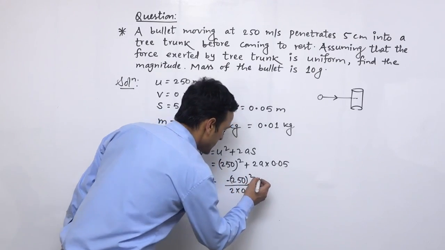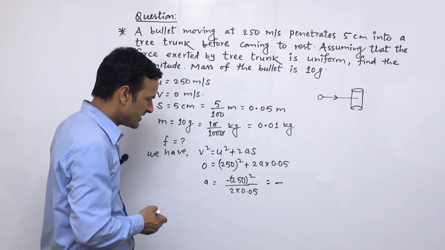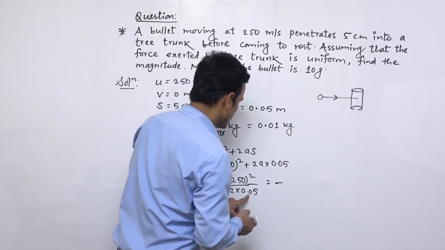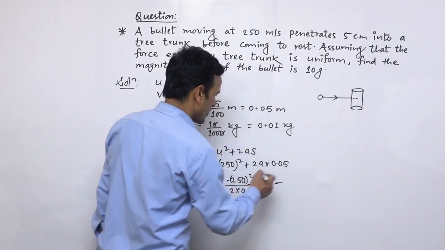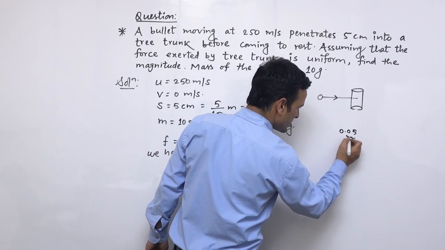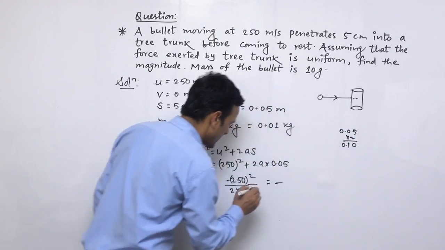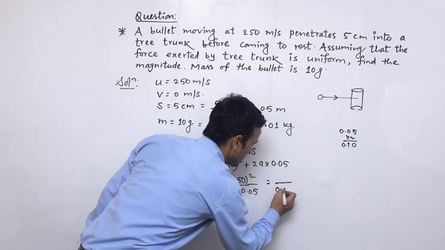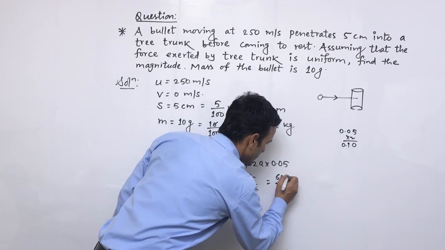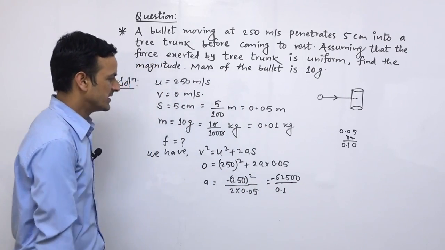So let's see what the value will be. This is minus, acceleration will be negative. 0.05 into 2 means 0.1, and 250 into 250 means 62500. With the minus sign over here.